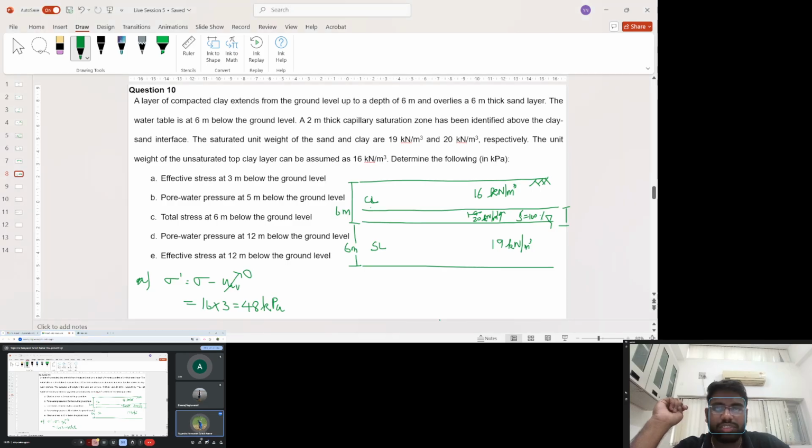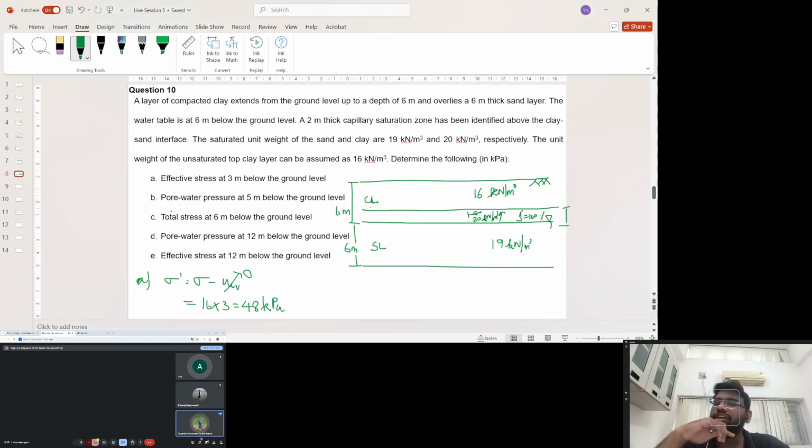Now coming to the next question, pore water pressure at 5 meters below the ground level. Since we have two types of water columns here, one is completely saturated where the water is in compression, and the capillary zone where the water pressure is in tension.